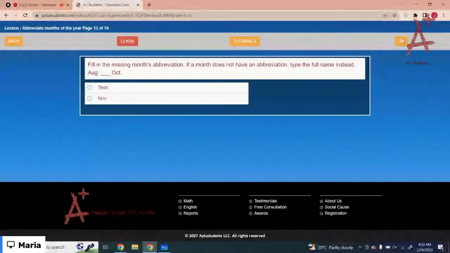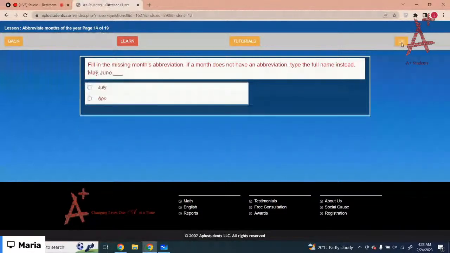Which is the month between August and October? After August, it is September. So the correct option is September.